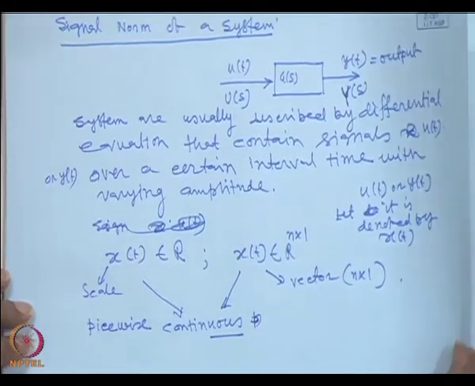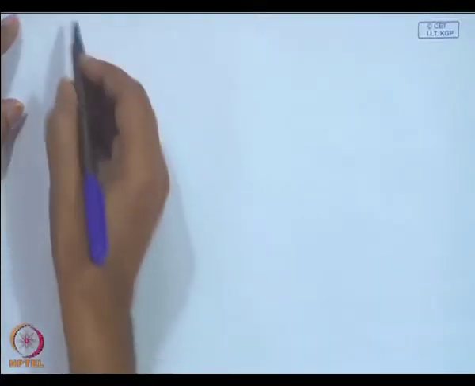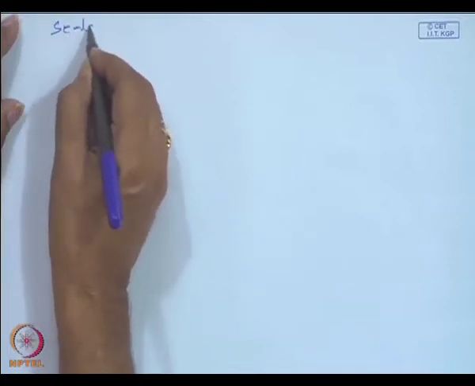This assumption is made. Now, we will find the strength of the signal as we did for a constant vector of dimension n. So, first let us use the scalar case, scalar signal.